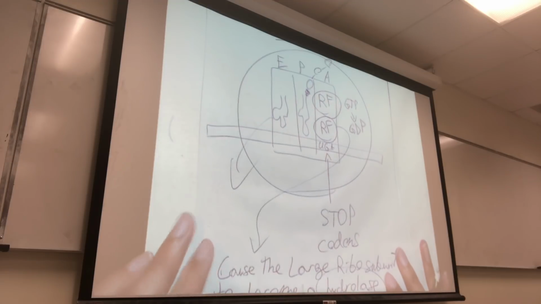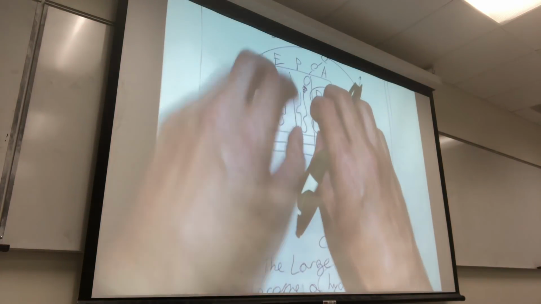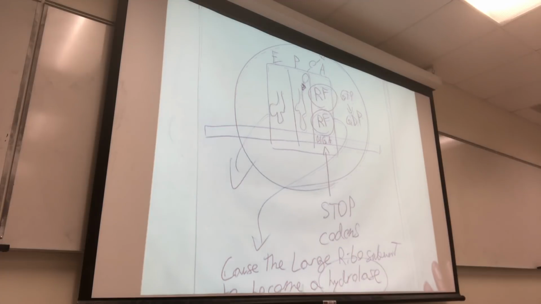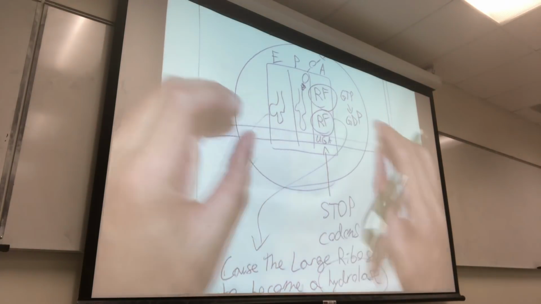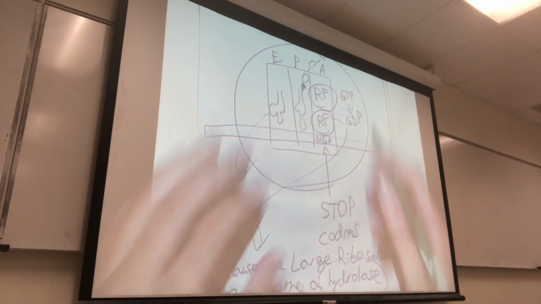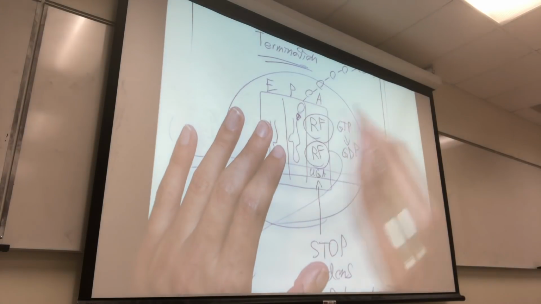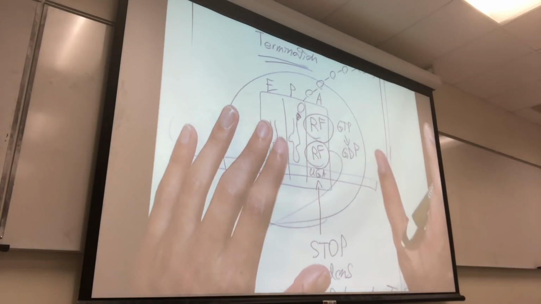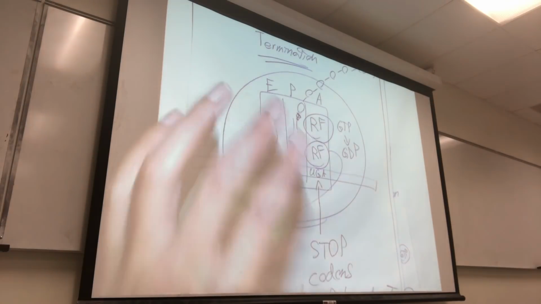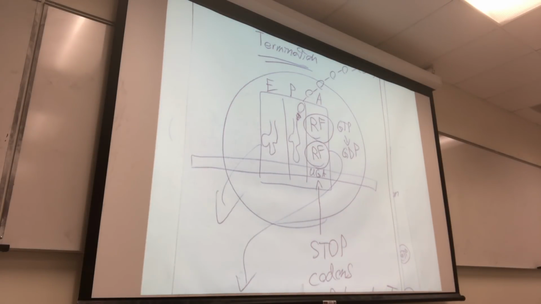They cause the large ribosomal subunit to leave from the small ribosomal subunit. It will cause the mRNA to fall off, and this amino acid sequence is finished, and it'll float away, and as we learned in chapter 1, it'll fold into a secondary, tertiary, and maybe a quaternary structure.